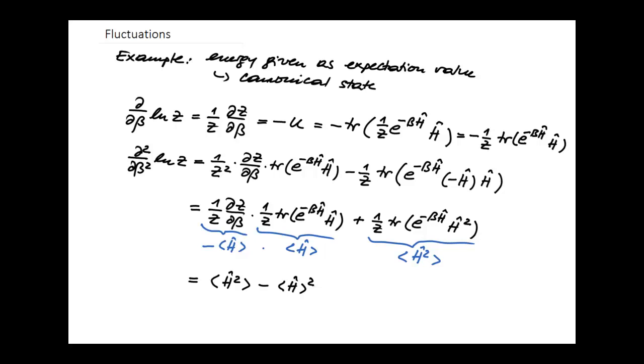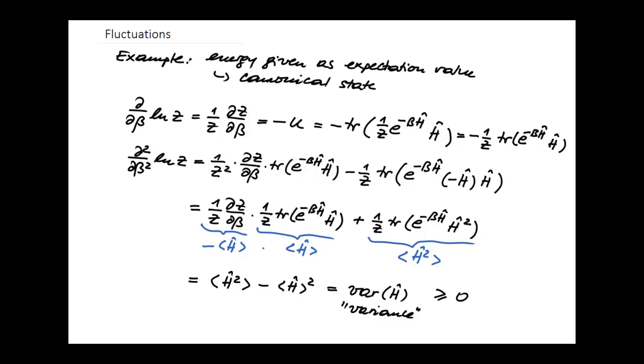Now the expectation value of H squared minus the square of the expectation value, this is the variance of H. Now the variance is always a non-negative quantity.